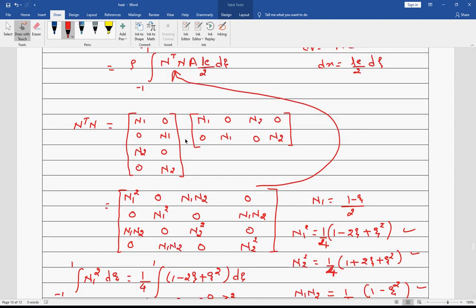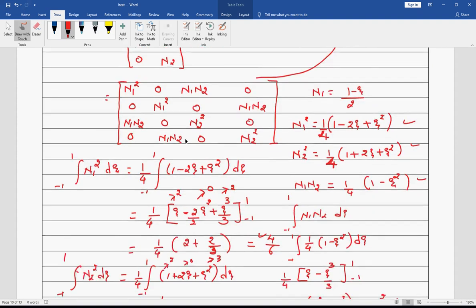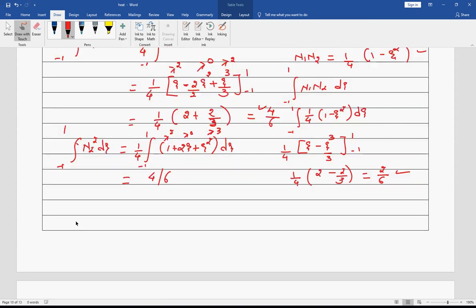Okay, so this is A LE by 2, which is common, and rho is also there. So I'll get the mass element matrix rho A LE by 2, and this is a 4 by 4.